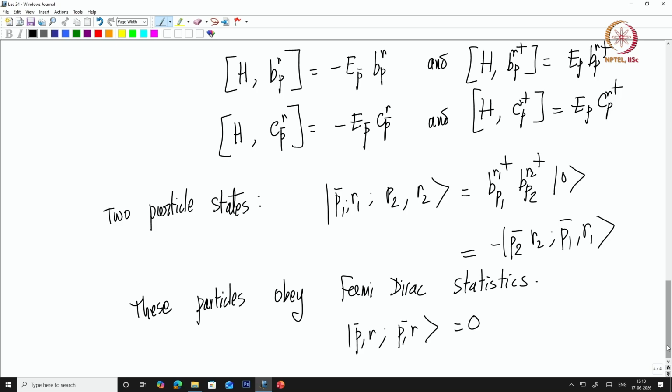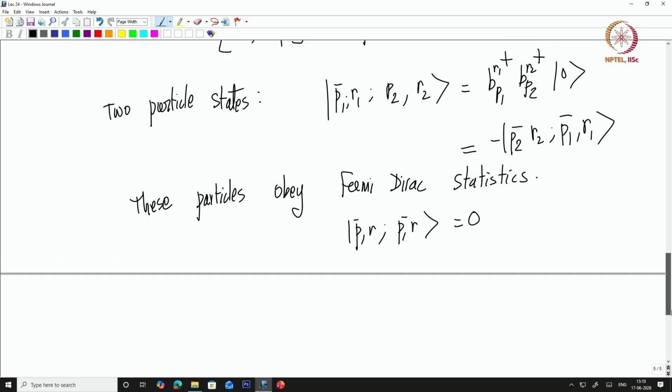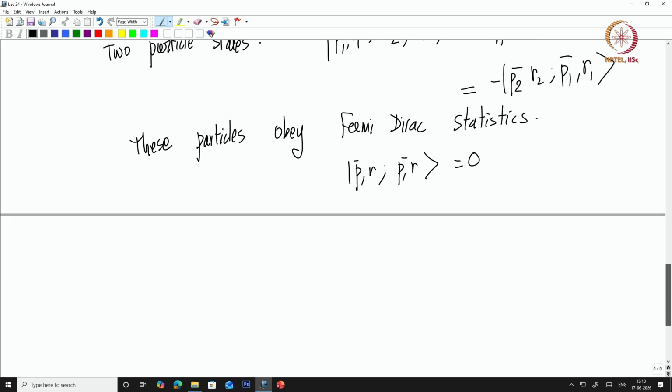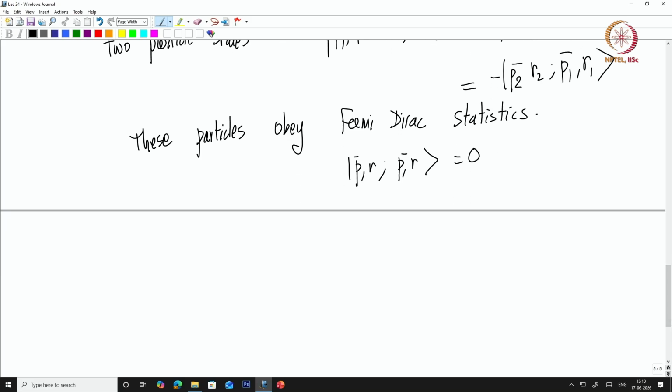Now that we have constructed the one particle states, you can think of n particle states also, but remember that you cannot put n particles with the same quantum numbers in the same state, unlike bosons, where we could keep n particles with the same quantum number, where you didn't care about the spin, and you could keep all the particles with the same momenta in the same state.